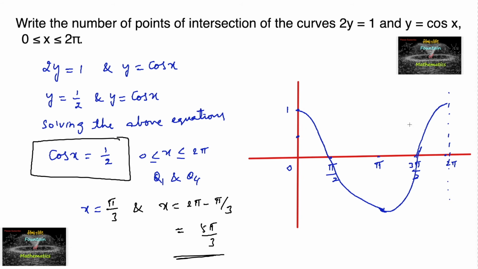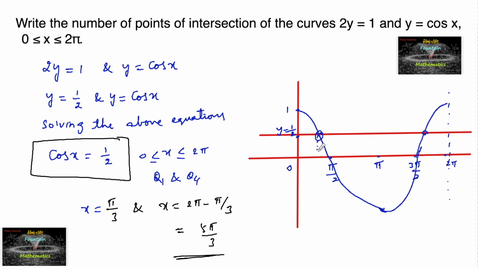You can draw a line parallel to the x-axis at y equals 1 by 2. Clearly it cuts the graph at 2 points. One is in the first quadrant, 0 to pi by 2, and another in the fourth quadrant, that is 3 pi by 2 to 2 pi, that is 270 degrees to 360 degrees.